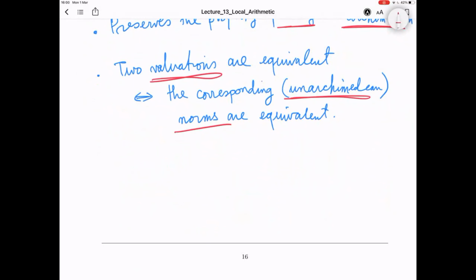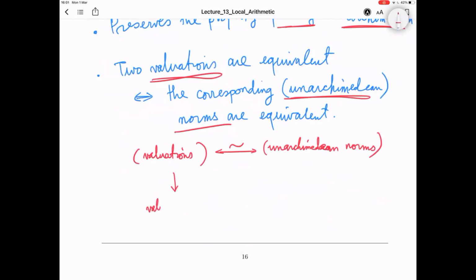So another way of saying the same thing is that if you have valuations here, and we have given a bijection with Archimedean norms, that's one thing. Then you have a notion of equivalence here, so you can pass to the equivalence classes.